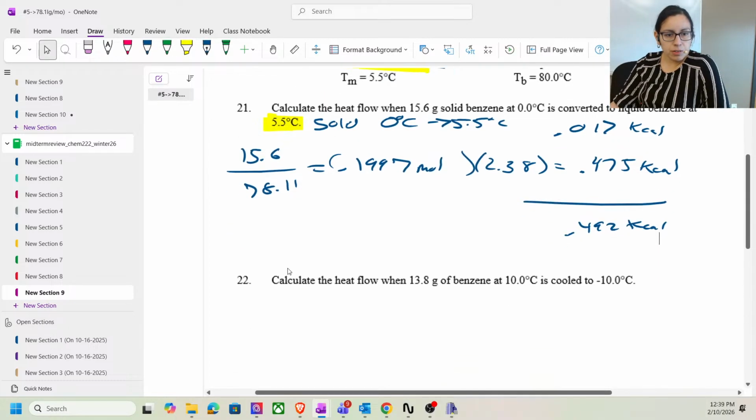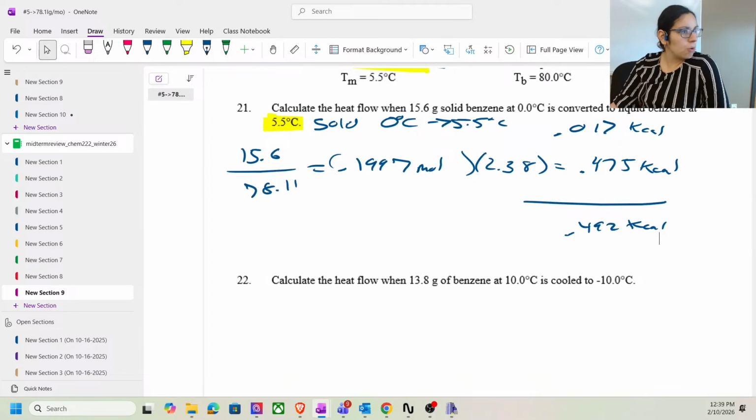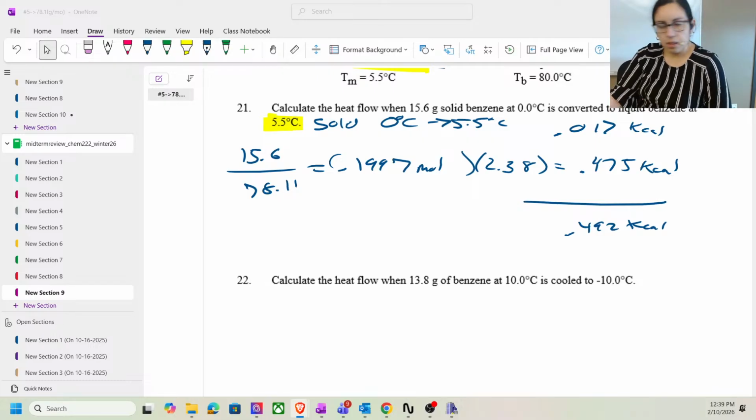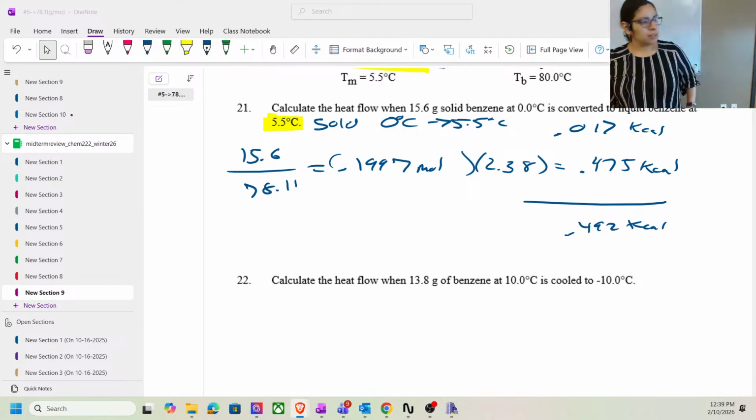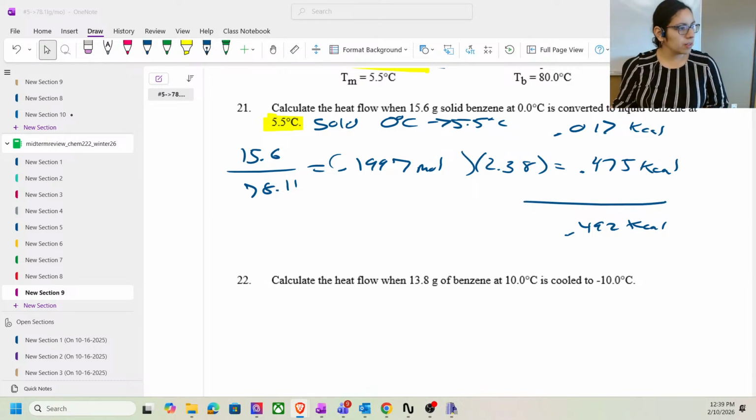So do we want to do 22, or we could do another one of those, like figuring out the mass of a protein based off of the osmotic pressure.